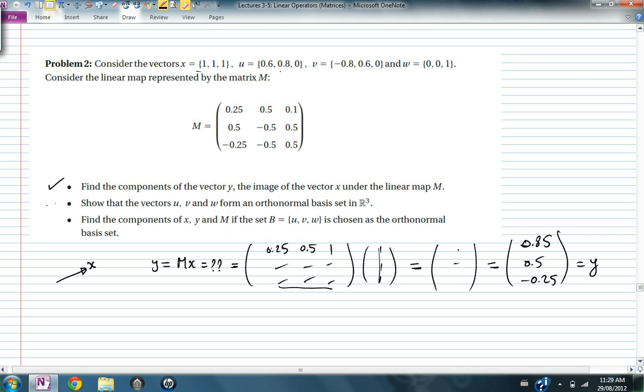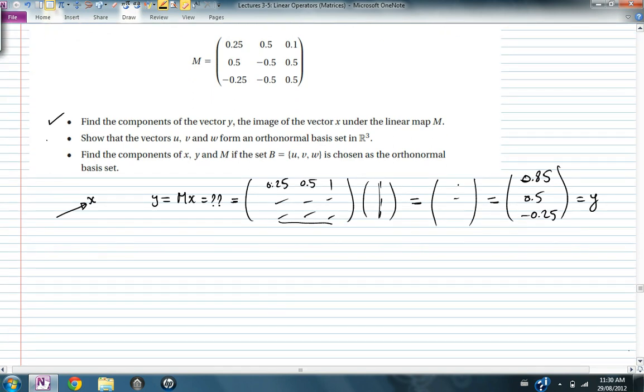Now, the second question is, we need to show that u, v, w form an orthonormal basis set. Now, is that true or not?